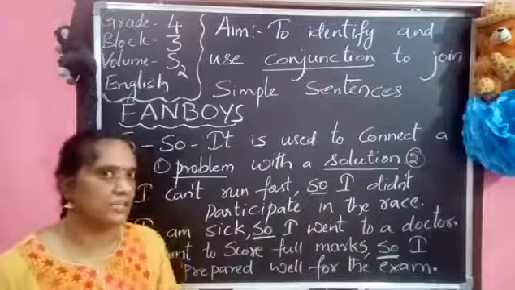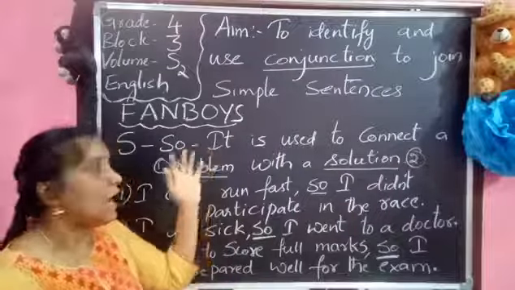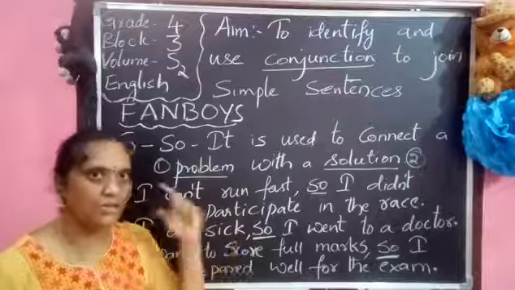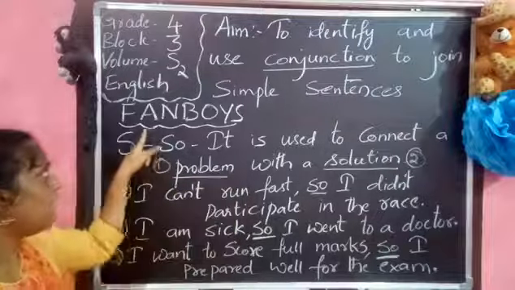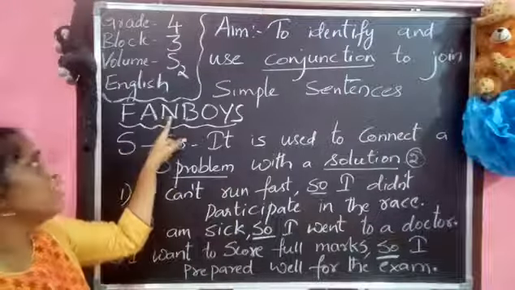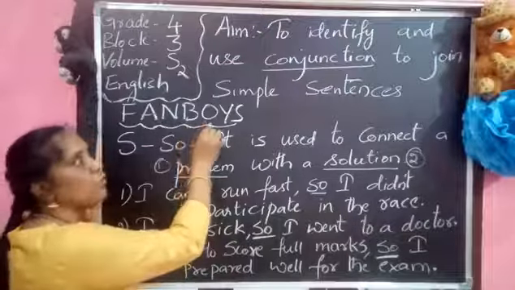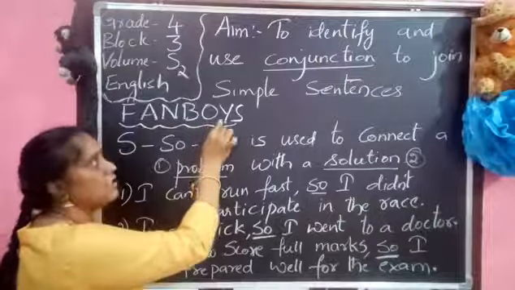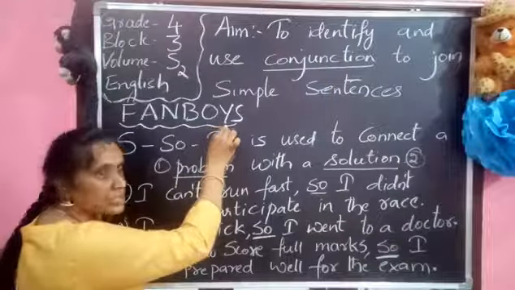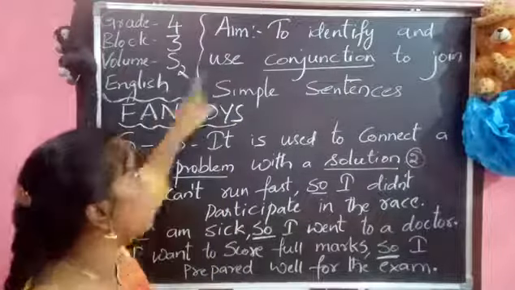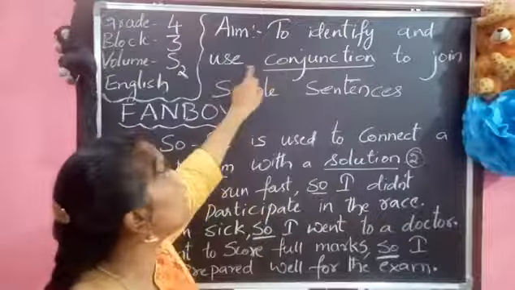Now, children, I think that you understood FANBOYS. F is for, A for, N for nor, B for but, O for or, Y for yet, S for so. And what is the aim? Your aim is to identify and use conjunctions.